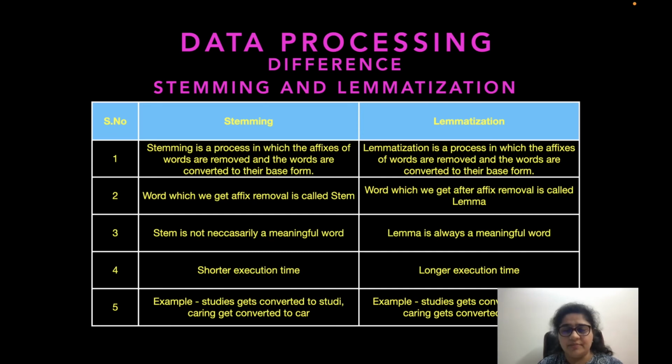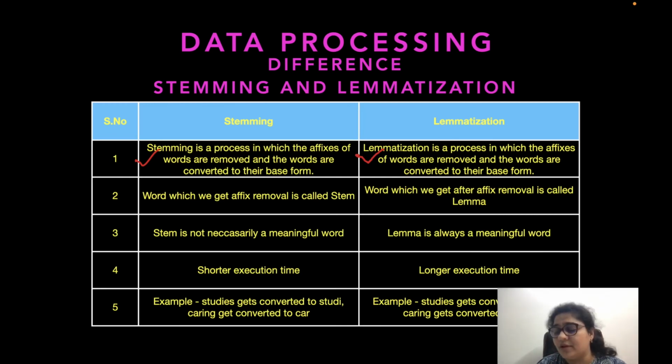I hope you have been following all those things, and you must have in your mind whatever I have discussed. I'll just read out these things to reinforce the steps. So the first difference is, stemming is a process in which the affixes of words are removed and words are converted to their base form. Lemmatization is a process in which affixes are removed and words are converted to their base form.